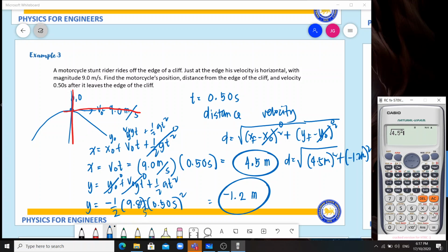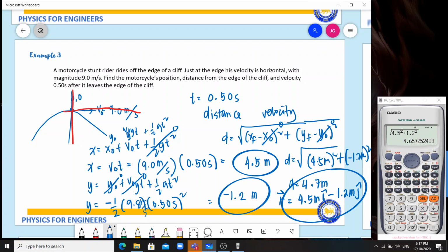That is 4.7 meters from the origin, or we can have the position vector na 4.5 meter i minus 1.2 meter j.